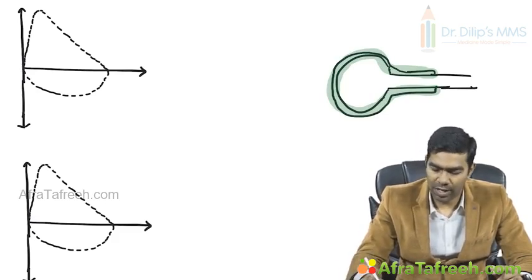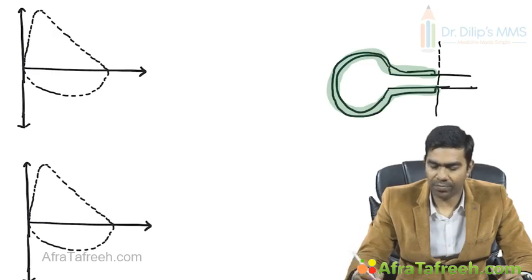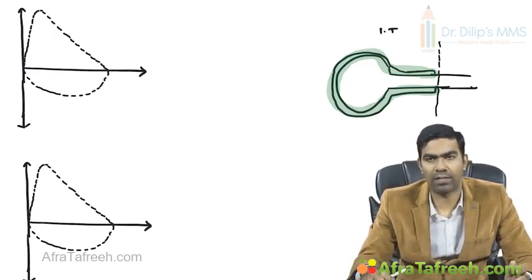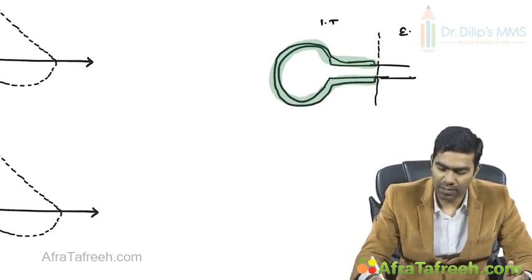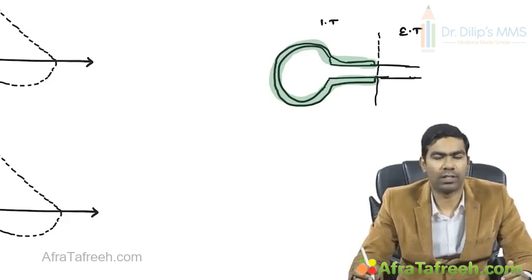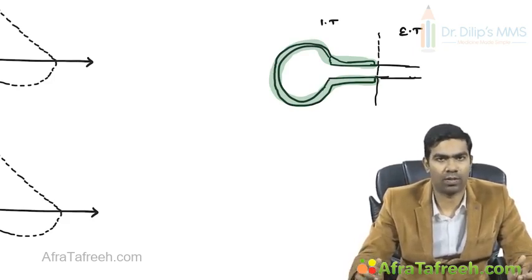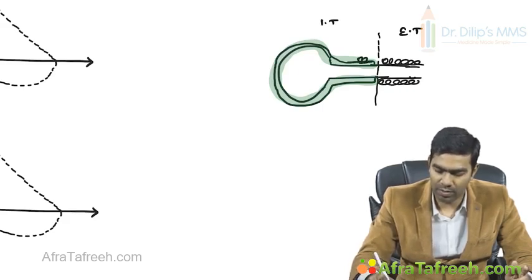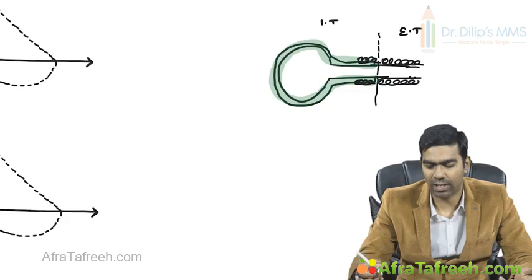Those airways that are attached to the pleural surface are typically intrathoracic airways. And those airways that are not attached to the pleural surface, that are present outside the thorax, we refer to as extrathoracic airways. You all know very well that the extrathoracic airways have very good cartilage support, and intrathoracic airways to an extent also have good cartilage support in the beginning, but later on the cartilage will drop.